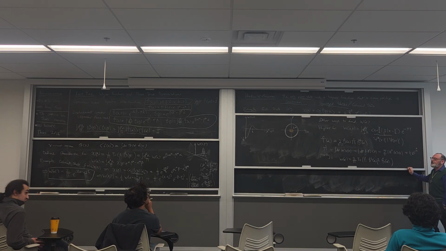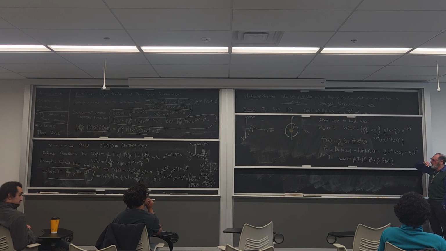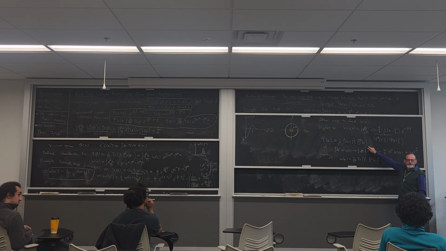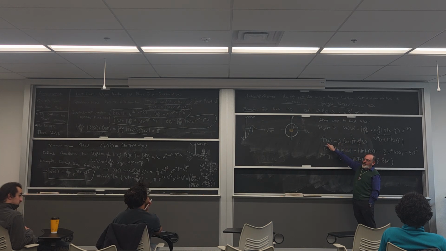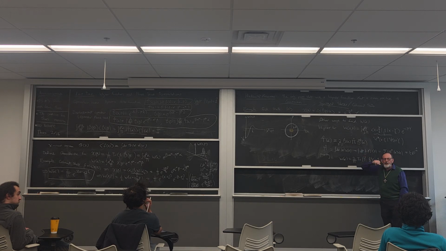I just wanted to emphasize one point, though, relative to this. What we see is, up to a factor of 2, the symmetric delta function is a displaced version of the parity operator. That itself is a unitary transformation on this, right?